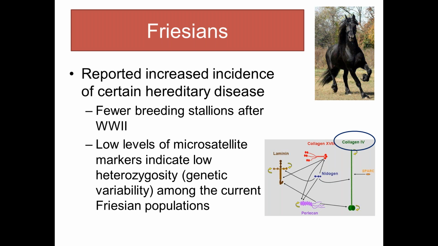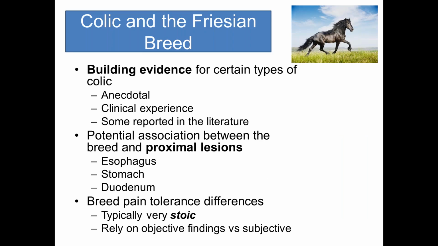And the development of certain lesions has certainly been linked to collagen defects, whether it's aortic pulmonary fissures or pleural fistulas, maybe even megaesophagus. But it seems that there's a growing body of evidence that part of the genetic mishap here in the breed is a collagen defect, or collagen 4 defect, because there are lots of different subtypes of collagen. So there's certainly building evidence for certain types of colic.